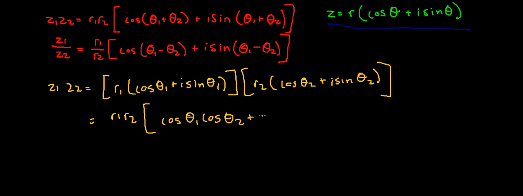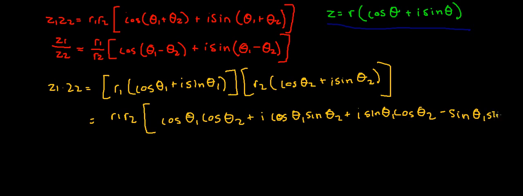Plus i cosine theta 1 sine theta 2, plus i sine theta 1 cosine theta 2, and this is going to be a minus because I'm going to have i sine theta 1 times i sine theta 2, with the i times the i squared is equal to minus 1, so this will turn into a minus sign and the i will disappear. I barely fit it in there, but I got it.